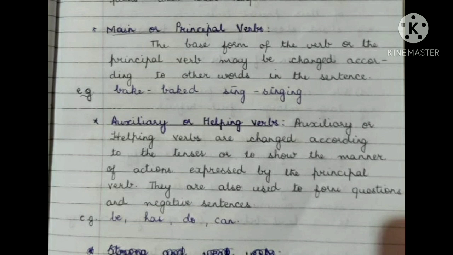So this verb is written along with the principal verb mainly to show the tenses of the action. They are also used to form questions and negative sentences. Some of the main auxiliary verbs are be, has, do and can, which can be changed according to the tense in a sentence.